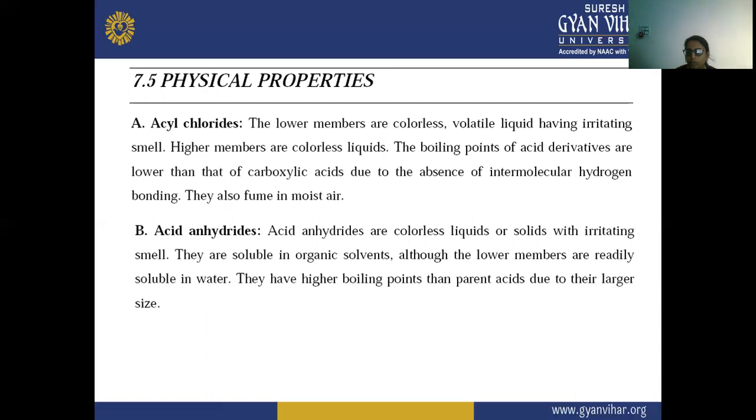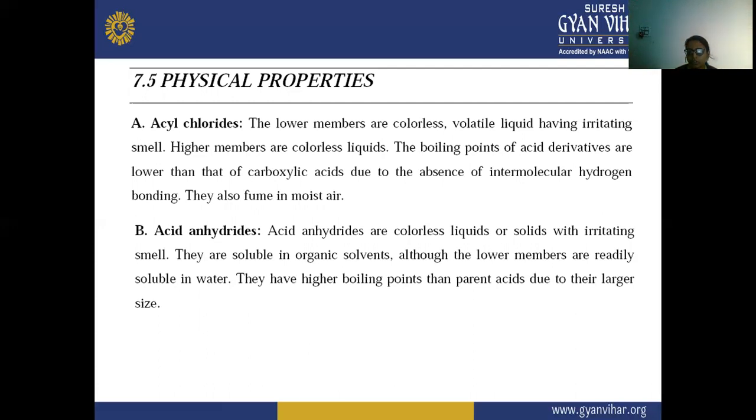So these acid derivatives have a lower boiling point than the carboxylic acid. It is because of the intermolecular hydrogen bonding. In the carboxylic acid, they have the carbonyl part and the oxygen, as well as the hydroxyl group. The hydroxyl group present on this carboxylic acid is involved in the intermolecular hydrogen bonding.